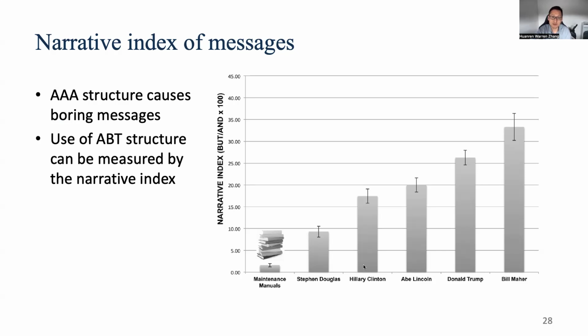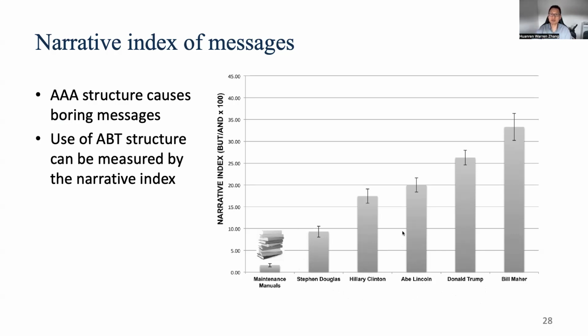So here we see Hillary Clinton and Donald Trump. In terms of narrative index, Donald Trump is much more interesting, much more persuasive. And comparing Abraham Lincoln and his running mate in this presidential election, Stephen Douglas, Abraham Lincoln is also much more persuasive as measured by the ABT structure, right?